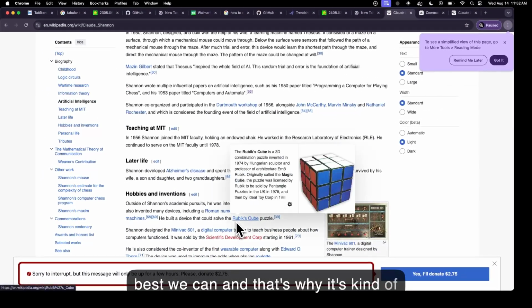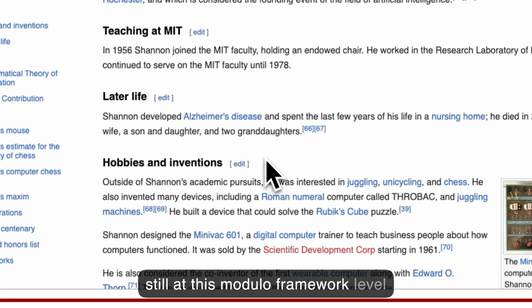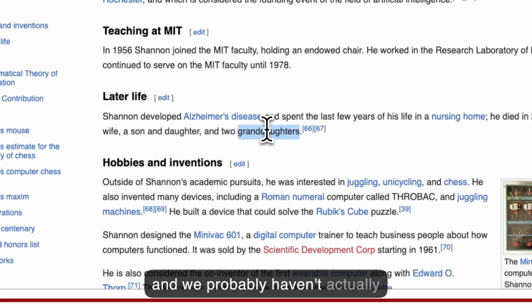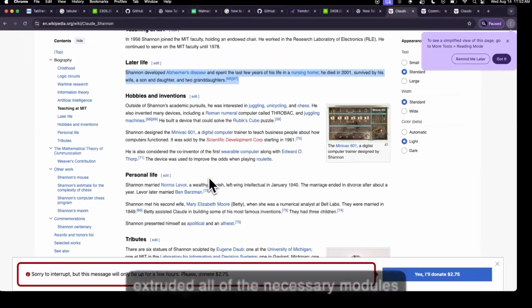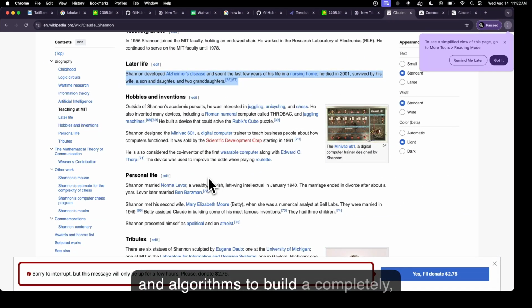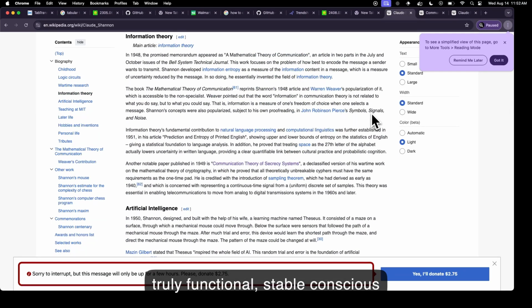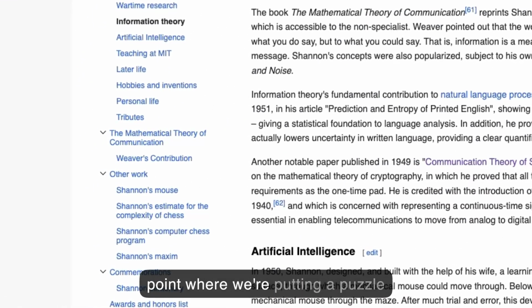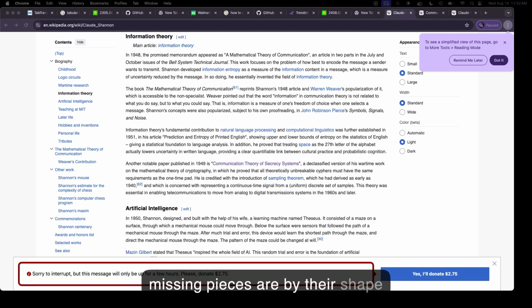That's why it's really patchy right now, because we're still at this modular framework level. We probably haven't extruded all of the necessary modules and algorithms to build a completely, truly functional, stable, conscious being. But we're super close. It's like we're putting a puzzle together and we can see where the missing pieces are by their shape alone.